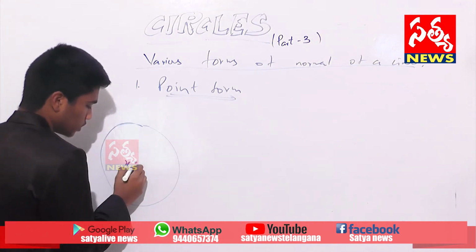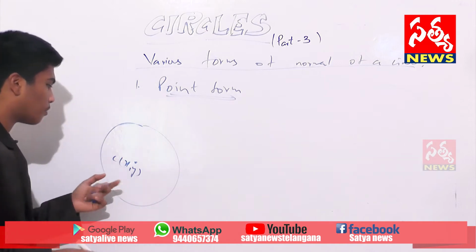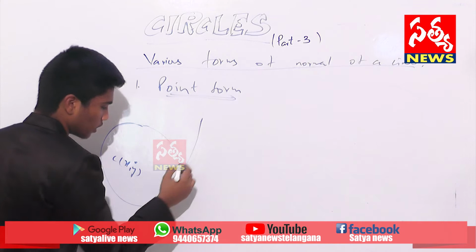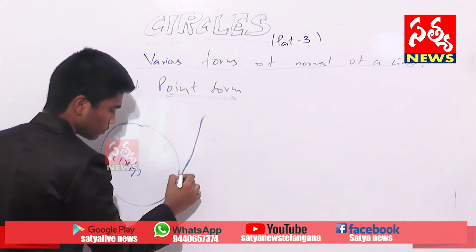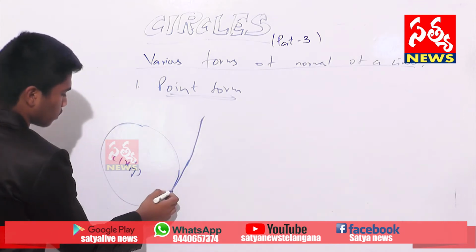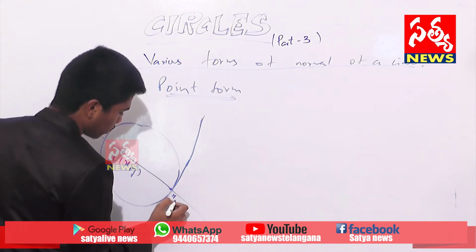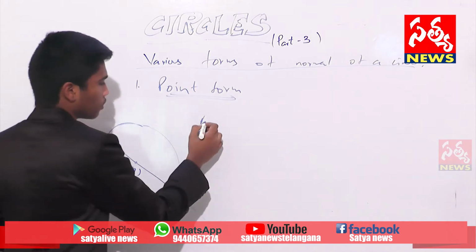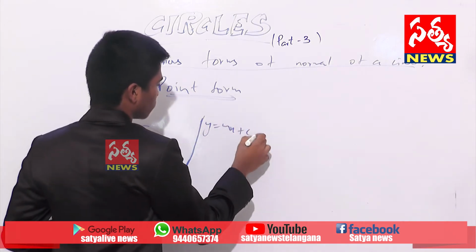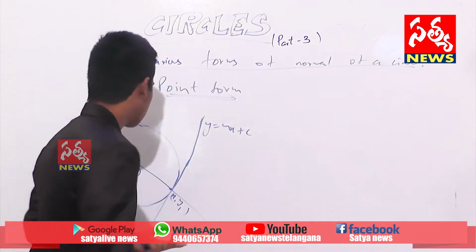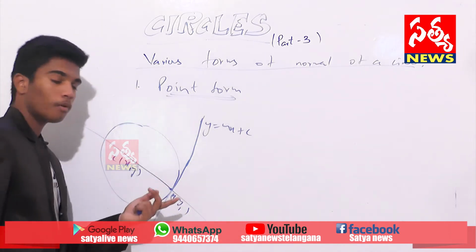Let us take this as x comma y. This is a tangent to a circle, this is the normal, and its point is x1, y1. The equation of the line is y equals mx plus c.